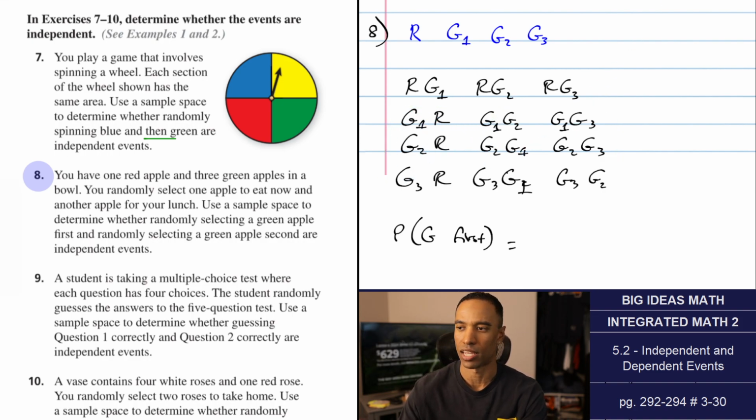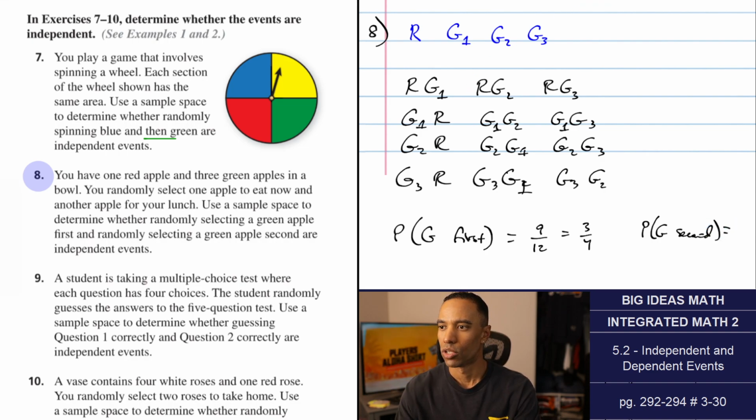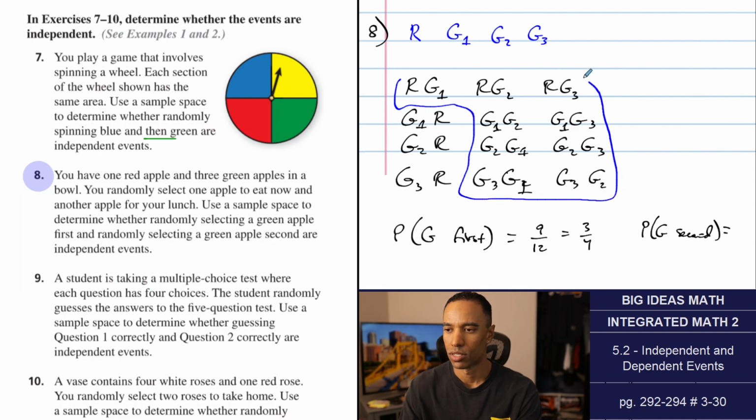Even if red is selected second, that's 9 out of 12. And 9 out of 12 is 3/4. So there's a 3/4 probability that green is selected first. Now, the probability that green is selected second: let's look at the ones that are second. We can ignore those ones and look at these ones. That is 8, 9. That's also 9/12, which is 3/4.